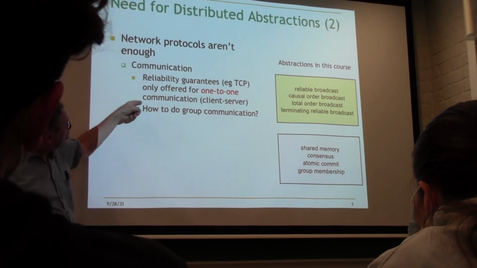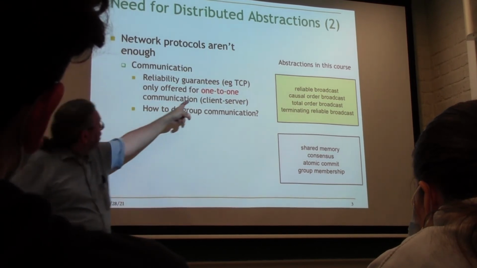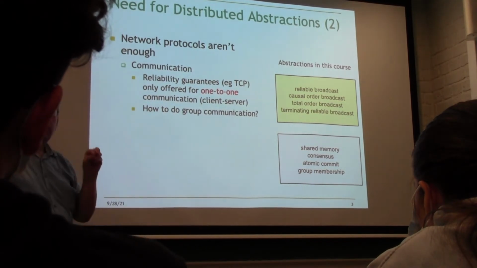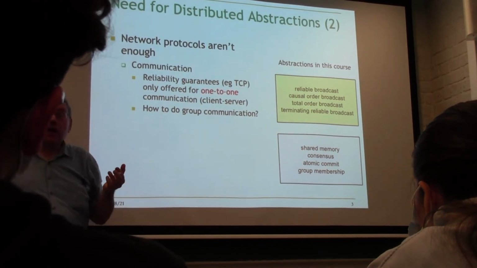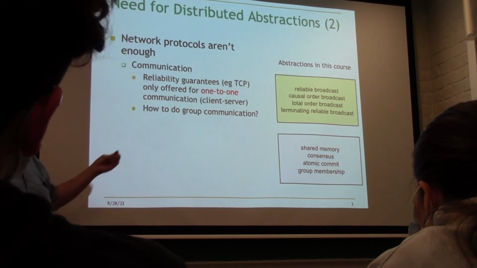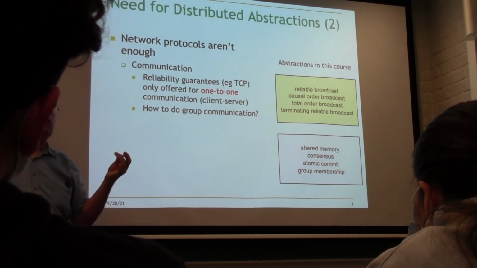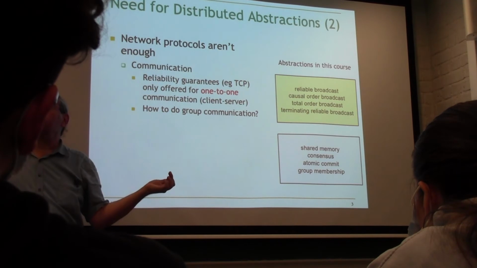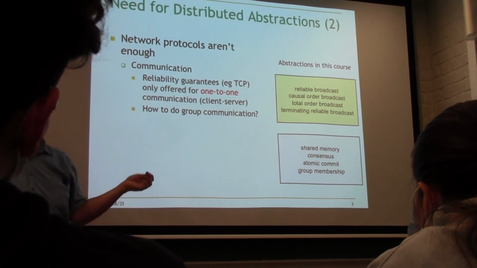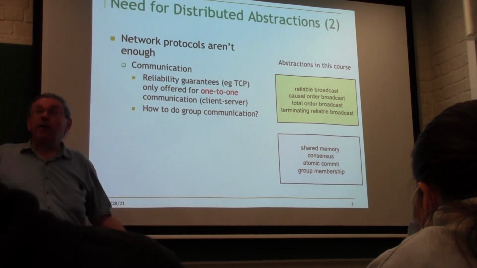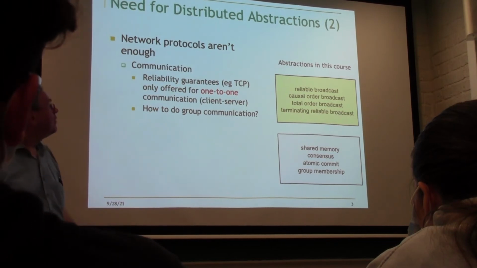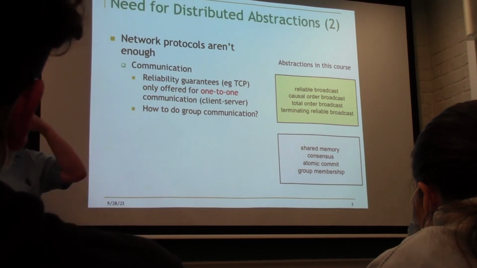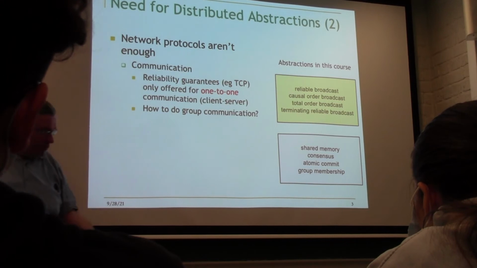So TCP only does one-to-one, one node to one node. But very often you need more than one. You need a group. You have a group of people discussing, for example. Or you have a group of nodes implementing a distributed database. Or you have an algorithm where lots of nodes coordinate things.